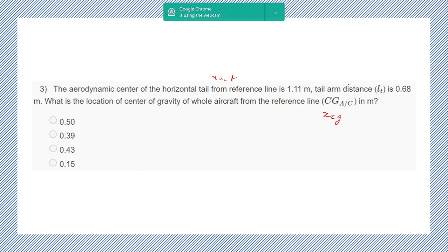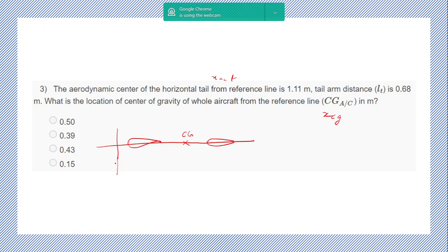And they've given you LT. So if you take this to be your fuselage reference line and you take some reference point, it's usually the leading edge of the wing, but it can be any reference line. Suppose you have your wing here and you have your tail here, and this is your CG.